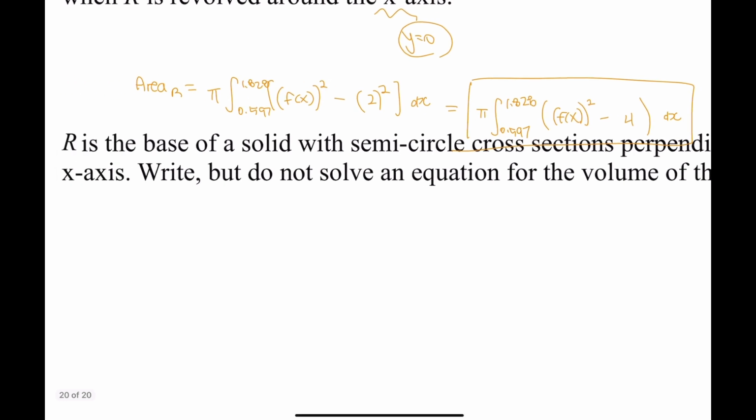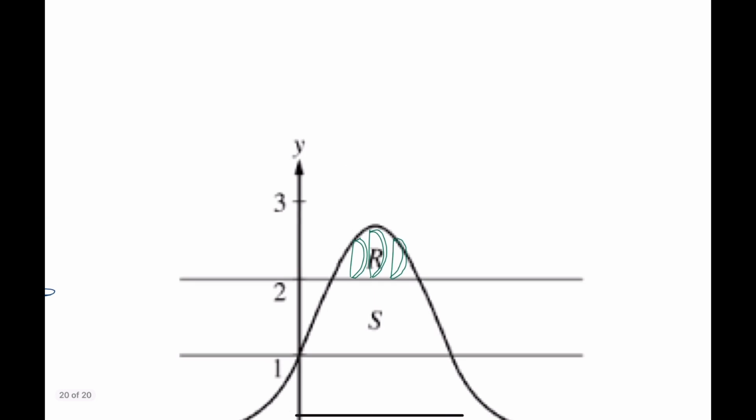Let's first see the area of a semicircle, which would be pi r squared over 2. And then the volume of the solid created by R would be the integral of the area of the cross section, which is the semicircle, dx, because the dx represents the thickness of each of these strips.